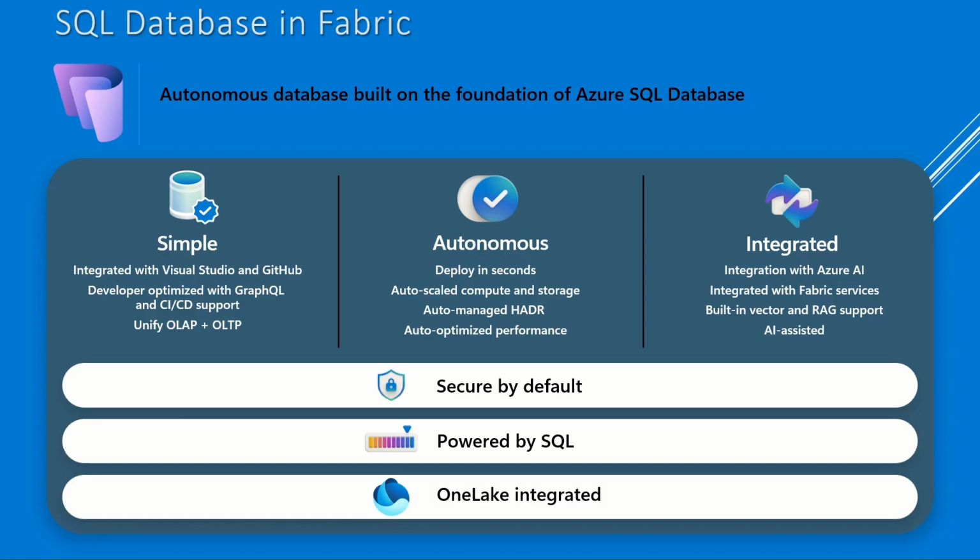It's integrated with all the Fabric goodness and components. It can be deployed in seconds. It's very fast, with auto scale and performance. It's optimized and integrated with the Fabric services, OneLake integrated. So it's a great option to store your data in Fabric.